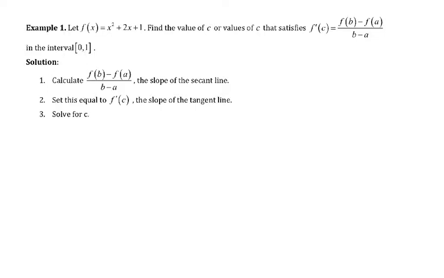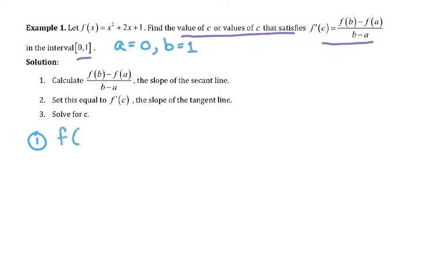Now, I found this very challenging as a Cal 1 student, trying to find these values of c that satisfy this on an interval. So let's do this together. And I have a process. First, let's calculate the slope of the secant line. Well, a equals 0, b equals 1.